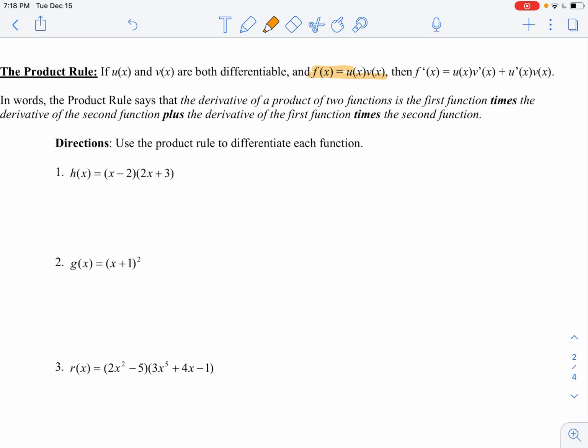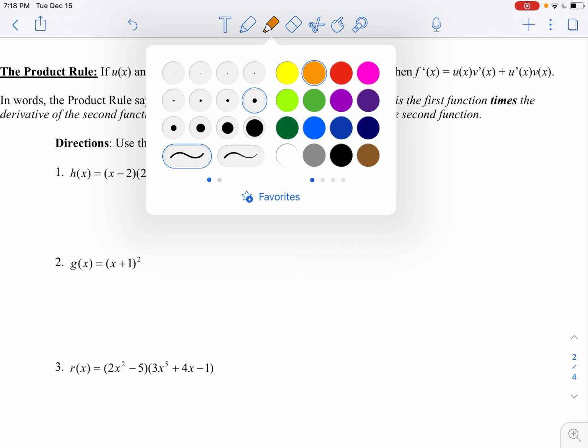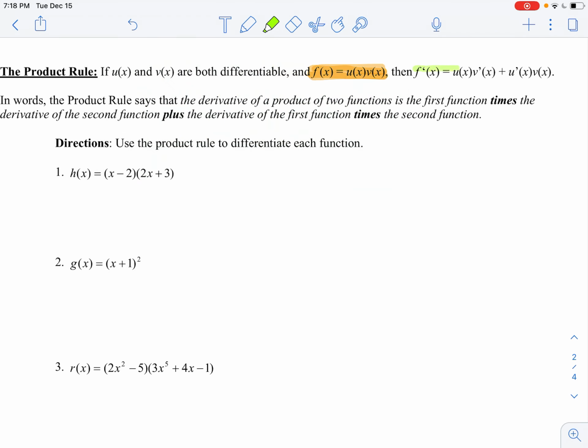So this is my original function, f of x, made up as the product of u and v. Then the derivative would come out to be this. So let me just explain what we're looking at here. The product rule says if you take the first function, u, and take the product of that function and the derivative of the second function, that's this part here, u times v prime, and then you add that to the product of the derivative of the first times the second function, that will give you the derivative of the overall function.